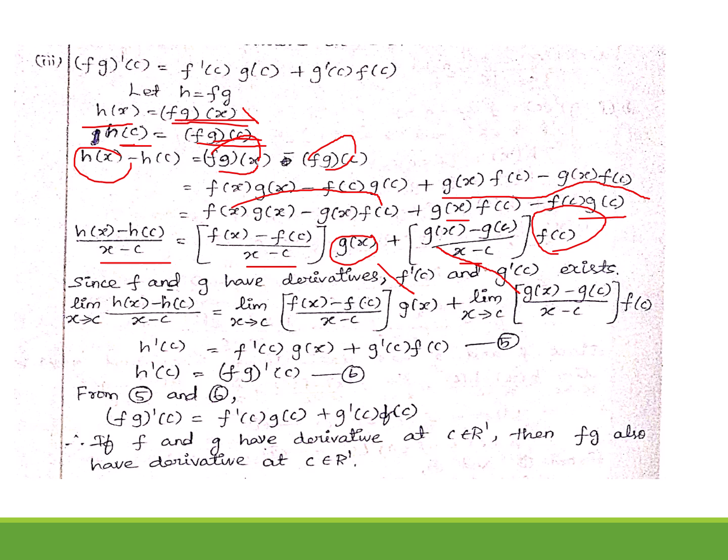Then h dash of c equals f dash of c into g(c) plus g dash of c into f(c). This is equation 5.